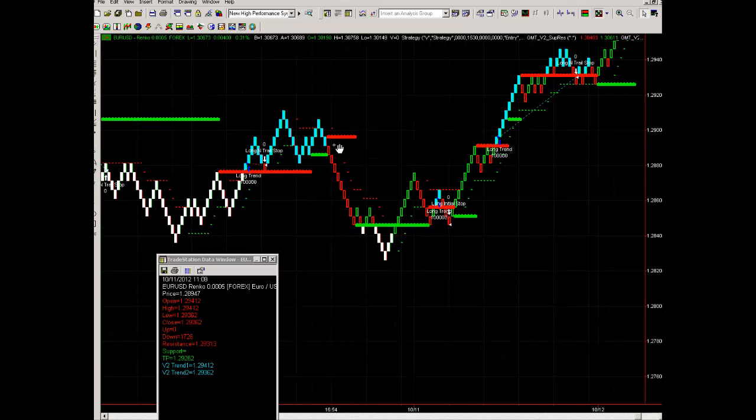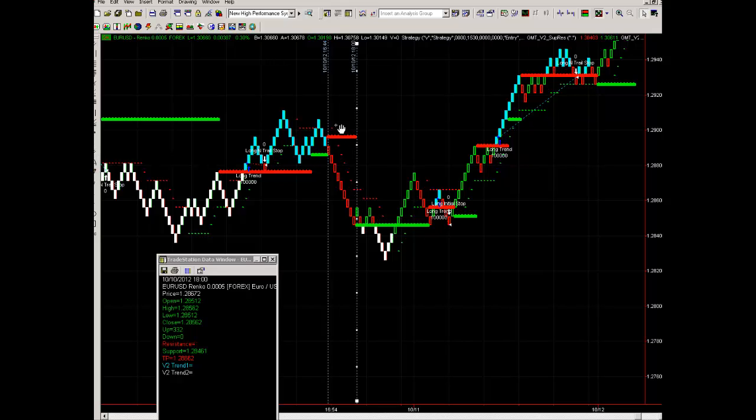Okay, so what the Renko bricks do a very good job of, not a great example, but a little bit, is the Renko brick will print just below resistance, and then it'll print just above. So a lot of the time you're getting these trade setups on the Renko where price doesn't go anywhere near resistance or anywhere near support. It does on this occasion, but a lot of the time it doesn't.